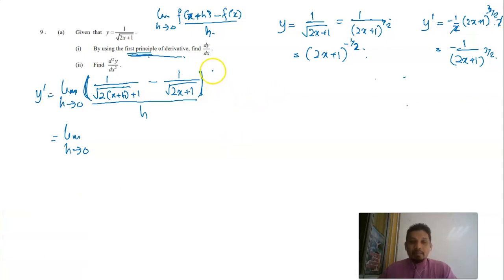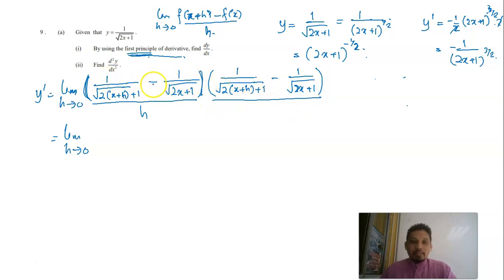Now we multiply 1 over the square root of 2x plus h plus 1, minus 1 over the square root of 2x plus 1, by the conjugate of this.